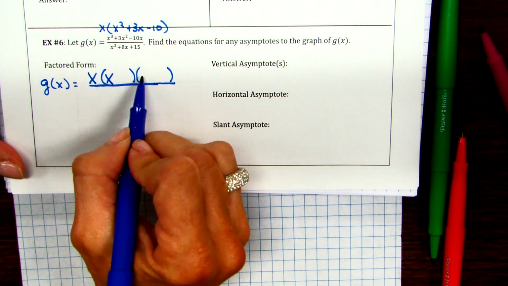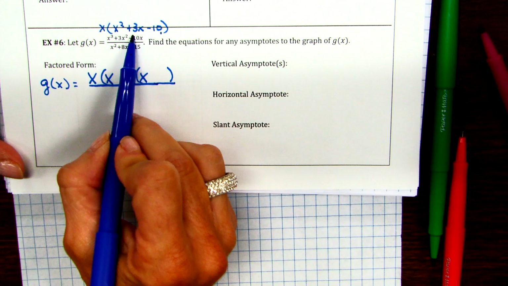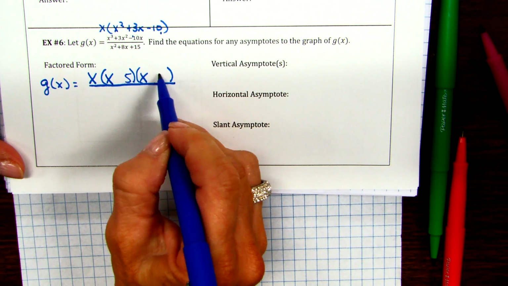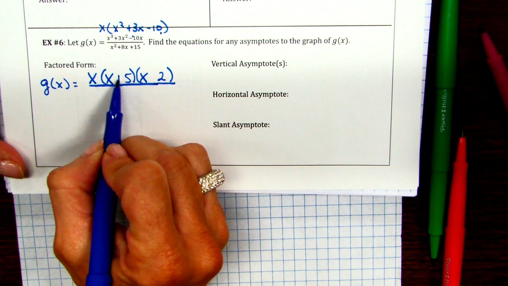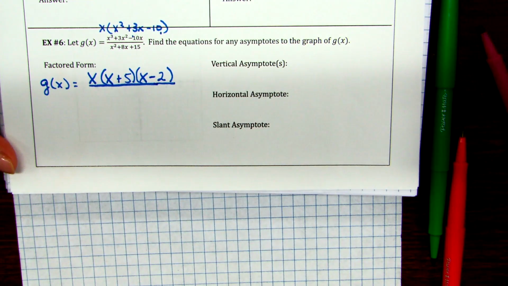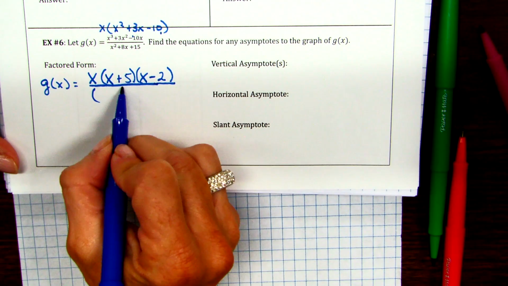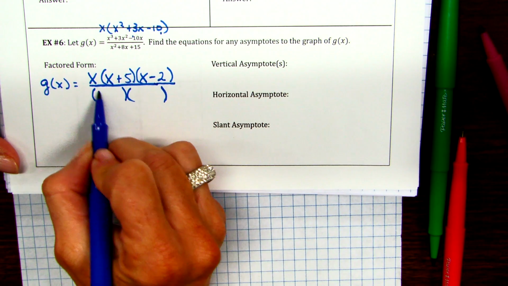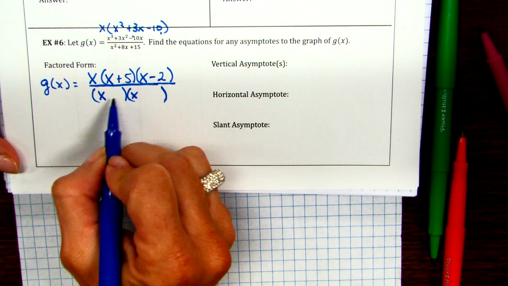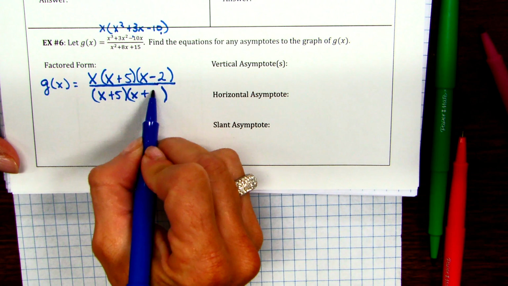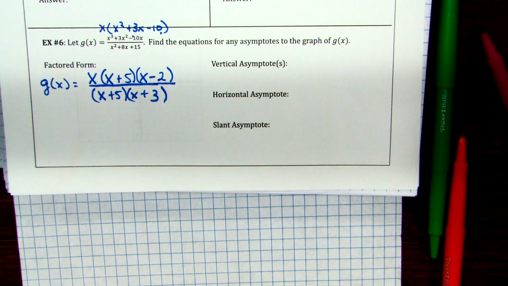Two numbers that multiply to get -10, add to get 3 would be, so that's my numerator completely factored, and the denominator also chart. 15 and 8 would be 5 and 3. Okay, factored form, equivalent form.